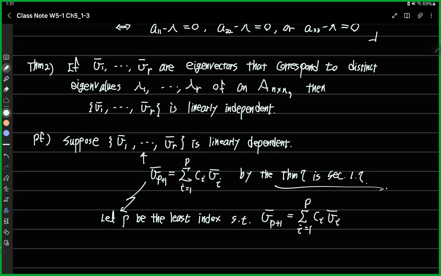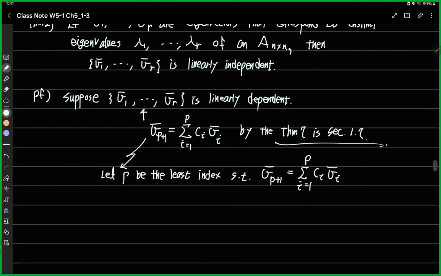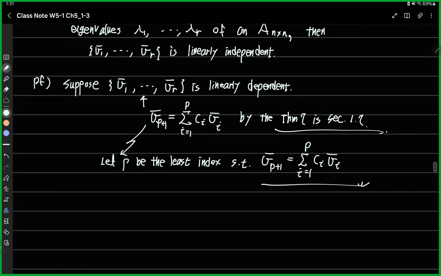Up to p, v1 through vp are linearly independent. Now v(p+1) can be expressed as a linear combination of preceding vectors, like this.